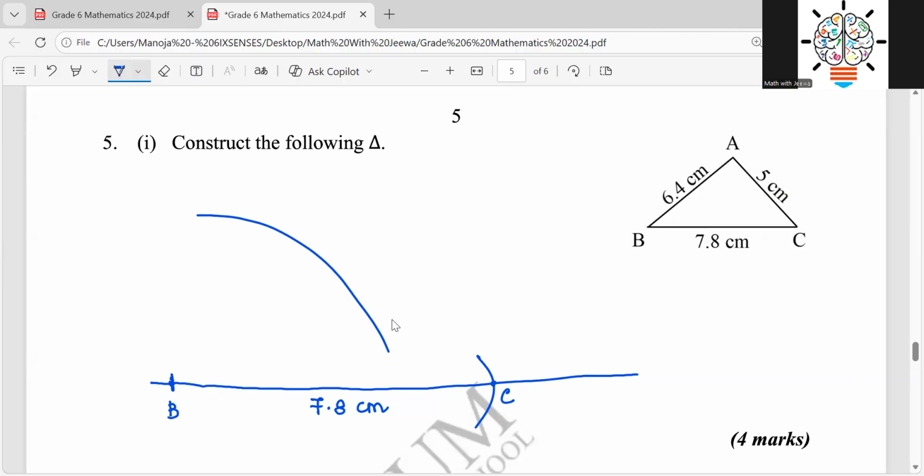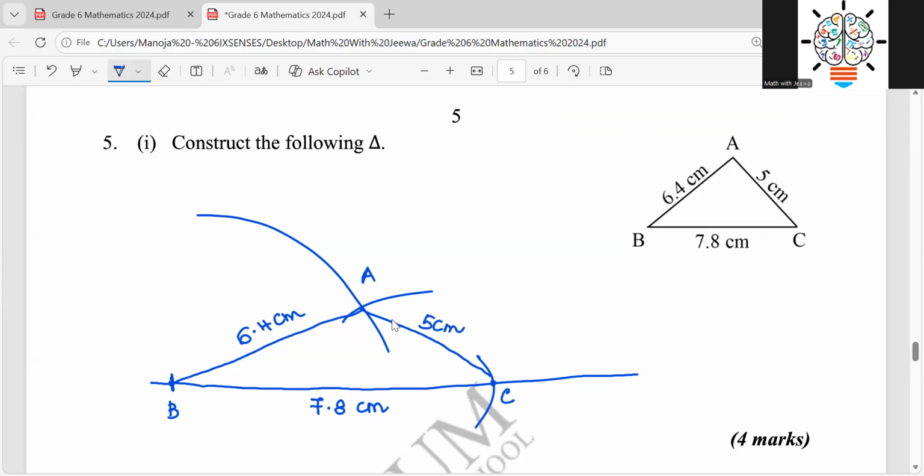Again, you open the compass, measure 5 centimeters, keep the point here, and then you just draw it like this. Now this is point A. And then you just join AB and AC like this. And here you write 6.4 centimeters. And then here you write 5 centimeters.